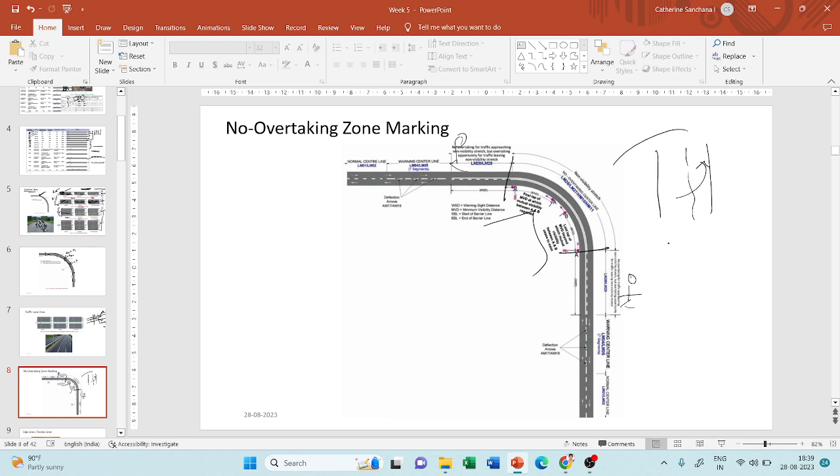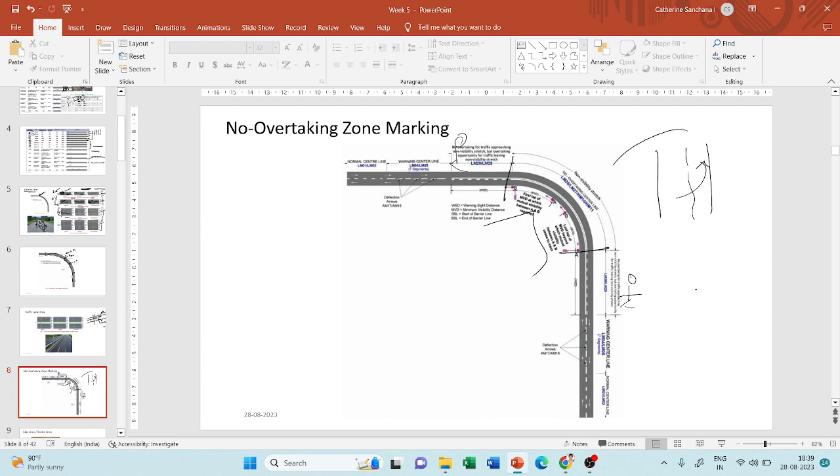Horizontal curves, as shown in this figure, or two or three lane highways with restriction. Now, this is called an overtaking zone, and they have mentioned how you should set this overtaking zone.